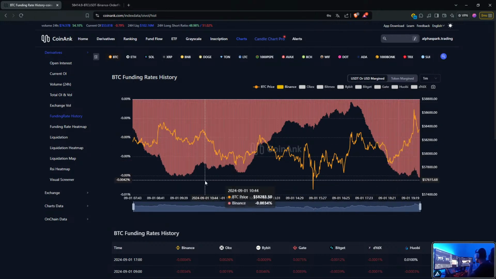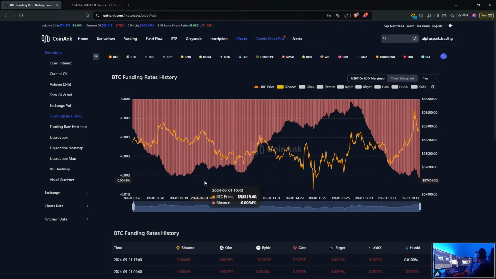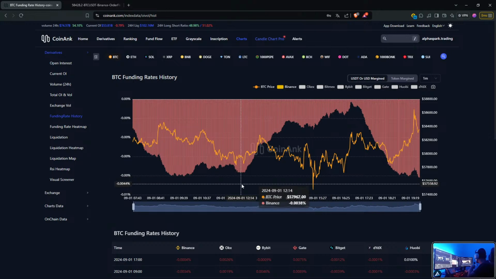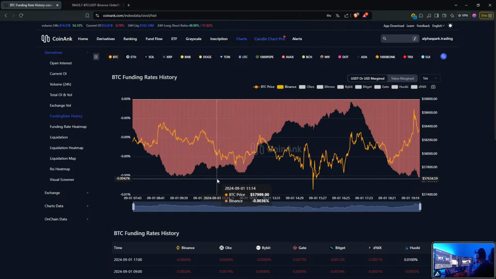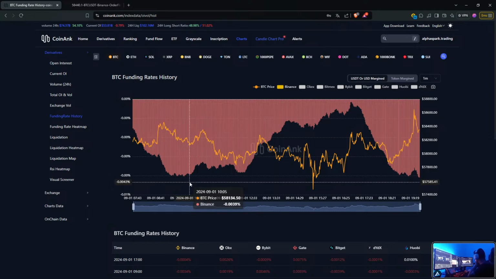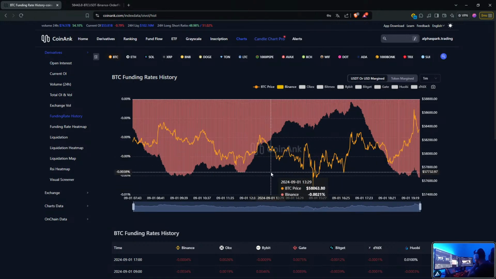You can even use this almost like a divergence indicator, like you would use with RSI and things like that. Because if you get a nice difference between what's happening with funding rates and what's happening with price, such as this area, for example, where funding rates were really going up, but price had a really nice move down.